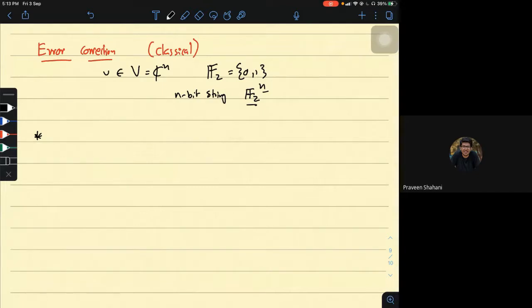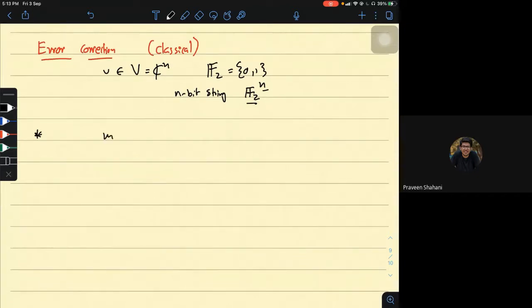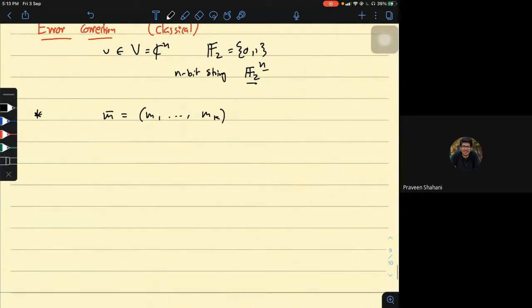Classical systems are prone to errors, and say we have a message bit string m given by m1 till mk of length k. This is a binary vector of length k.